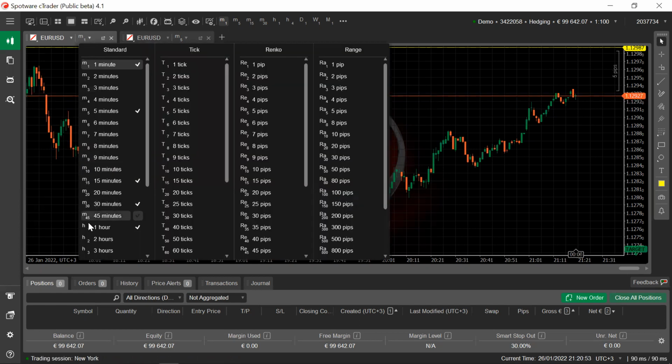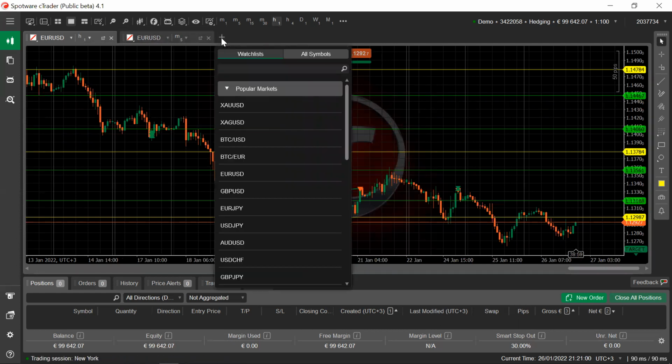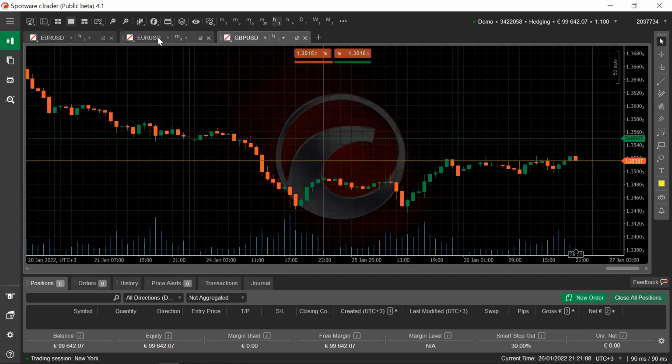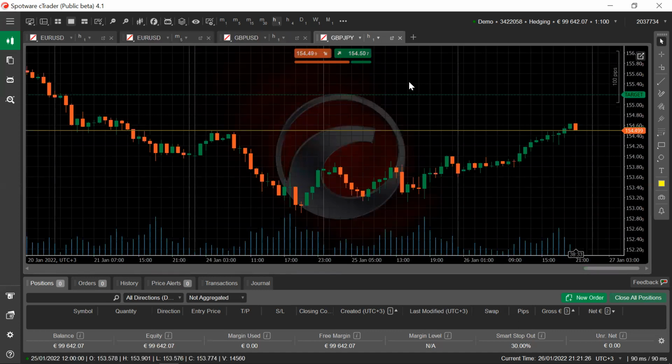I will pick EUR/USD now, and maybe I'll also pick one other pair, which could be GBP/USD. Okay, so I have two pairs there. Probably even use a third one, a non-USD pair. I think we already have GBP here. I want to use something quite different.